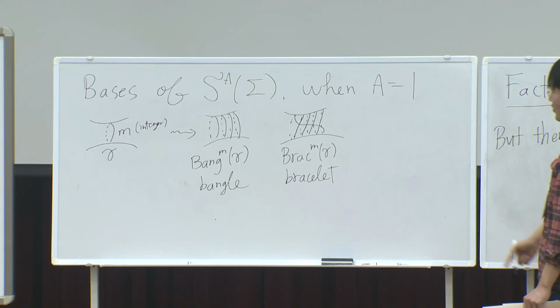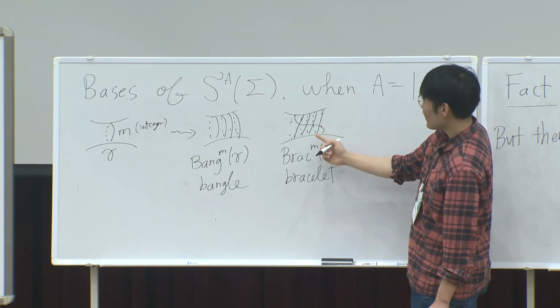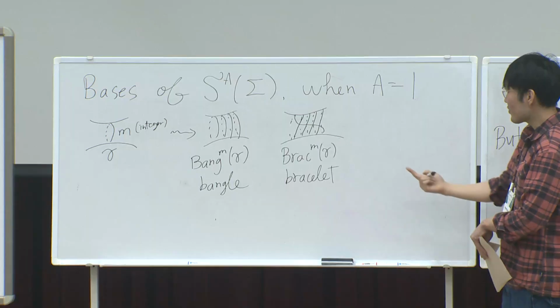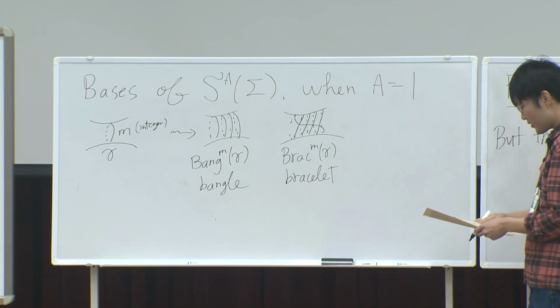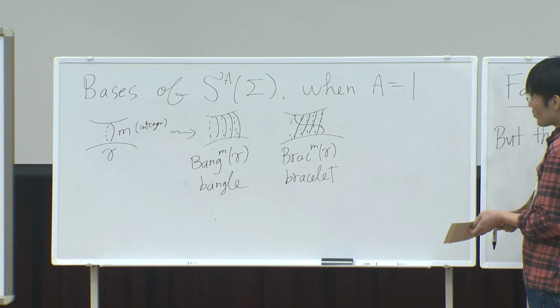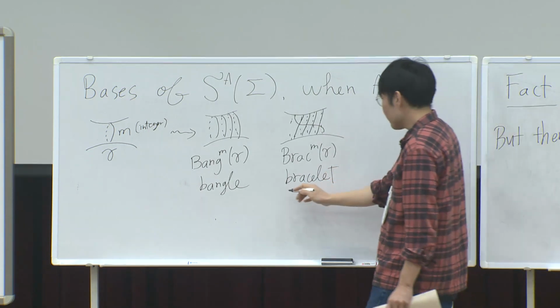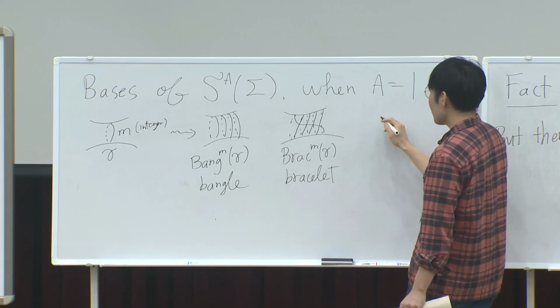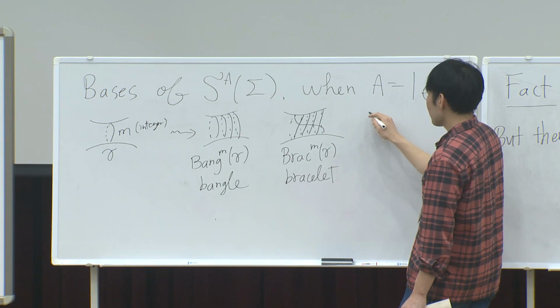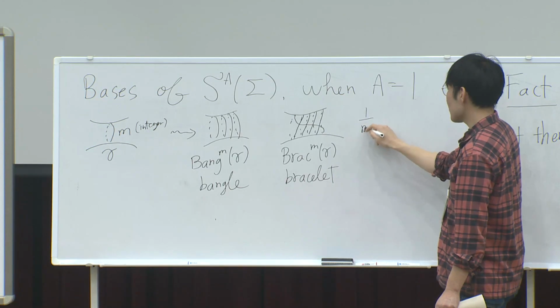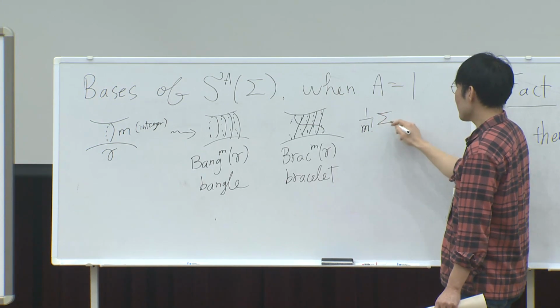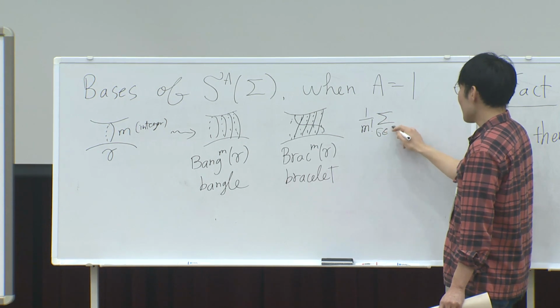And this is also a perfectly fine element of the skein algebra. There's no ambiguity of the overcrossing and undercrossing because I'm doing the A equals 1 case. So this is the m times winding around. And the third one looks like there's a normalization and sum over all permutations.